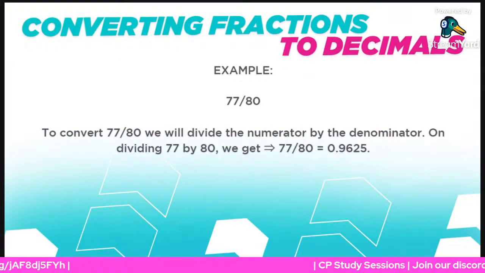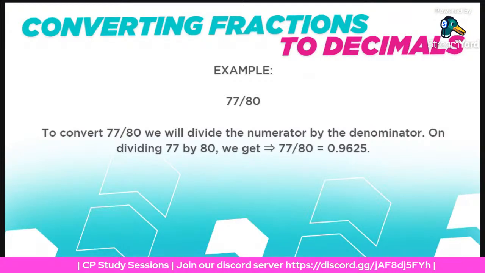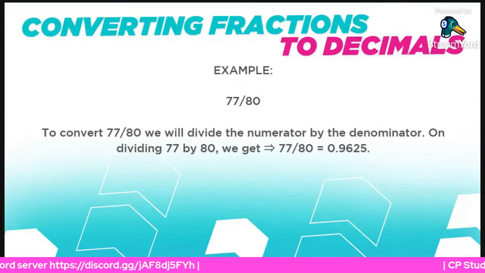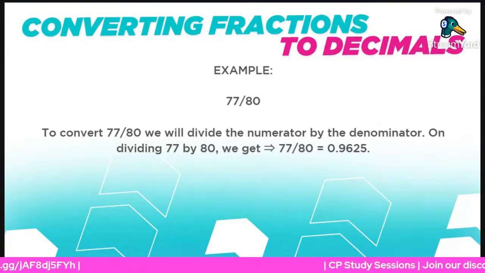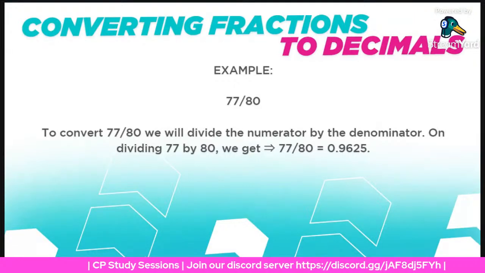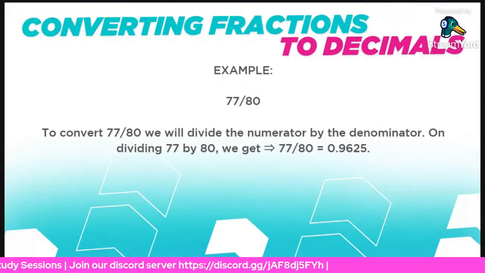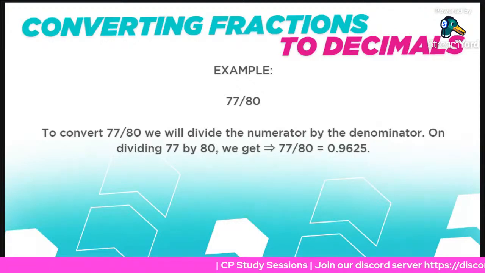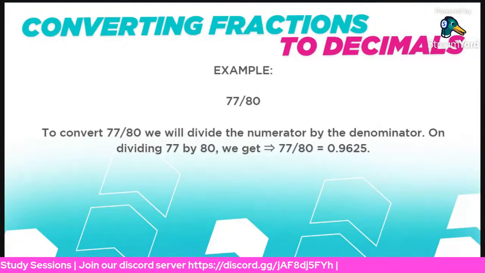Okay, so let's use the example of 77 over 80 to be converted. So to convert 77 over 80, we will divide the numerator by the denominator. So ano yung numerator sa problem na to? Sa example na to. Alright, 77, correct. And what is the denominator? 80, yes.